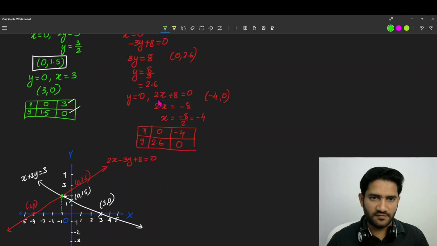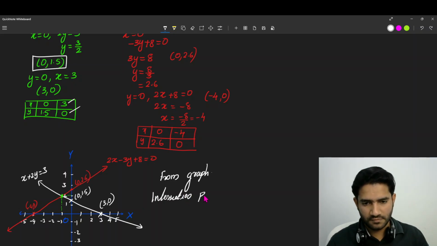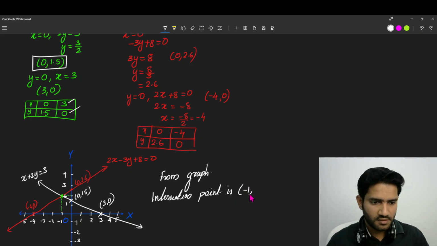So from the graph, the intersection point on the x-axis is minus 1, on the y-axis it is 2.